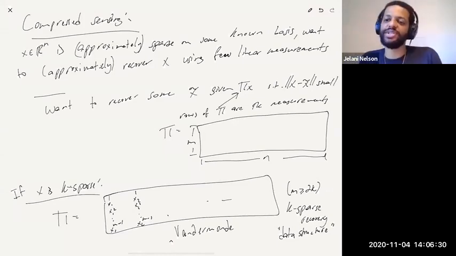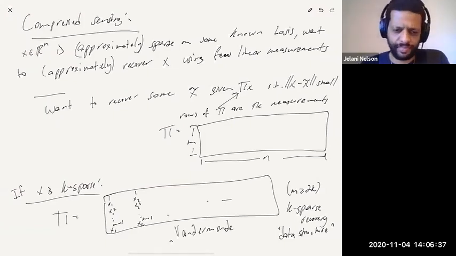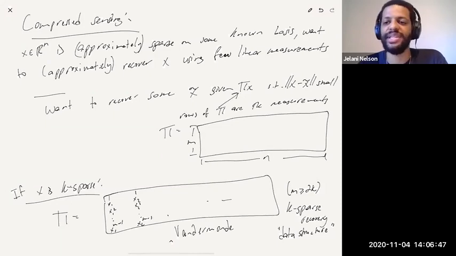But if it gave you back something that's actually k-sparse, then you know it is in fact the right solution. The matrix is designed so that all distinct k-sparse vectors have distinct images, so if you get a k-sparse vector back from inverting, that must have been the one you started with.